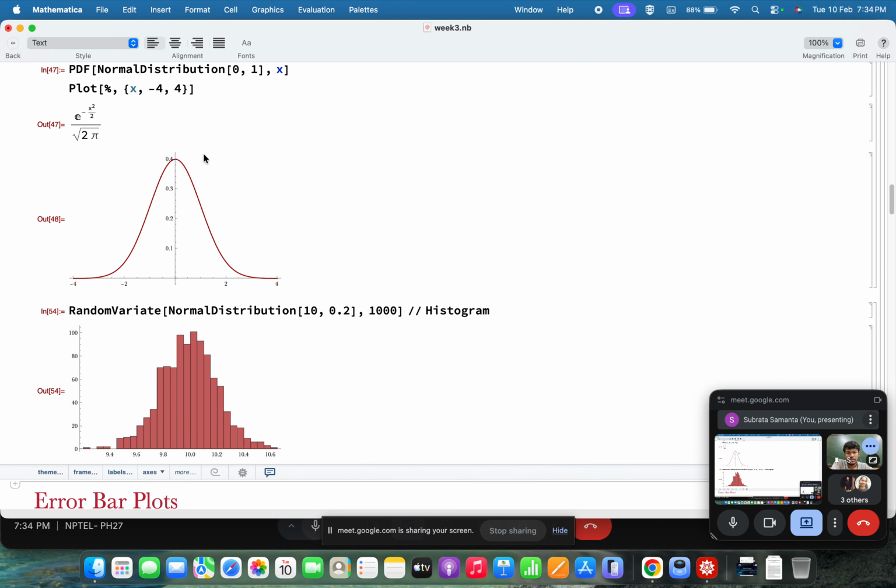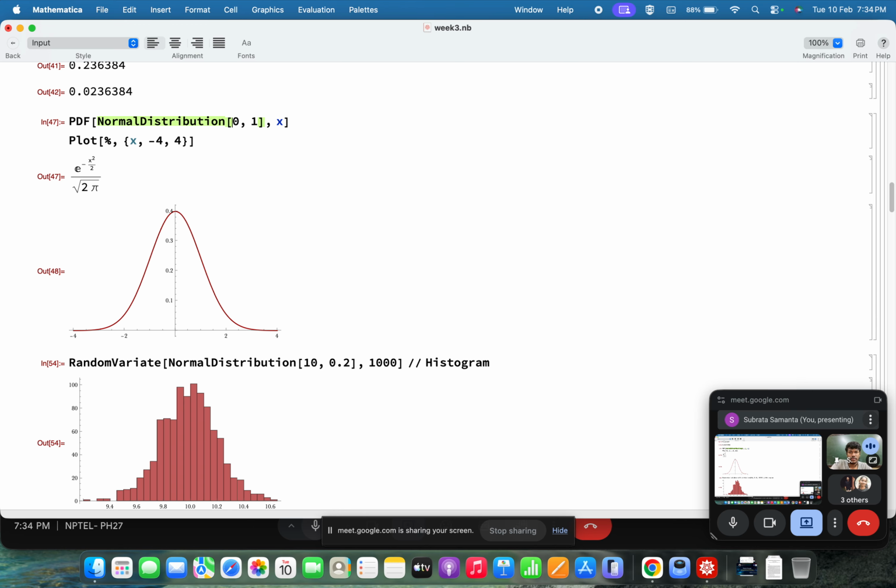So, basically your distribution is 10 and 0.2, and you have to call this, basically minus 22. No, I think this is too large. So, minus 12 to plus 12. No, your mean is 10. So, you can plot 9 to 11, that is fine.